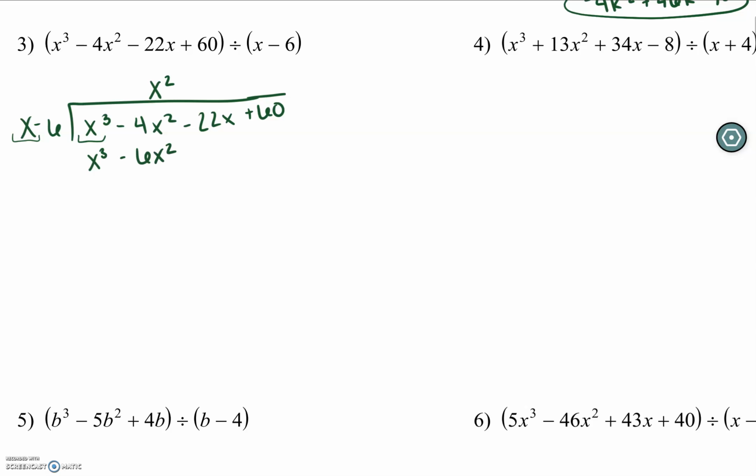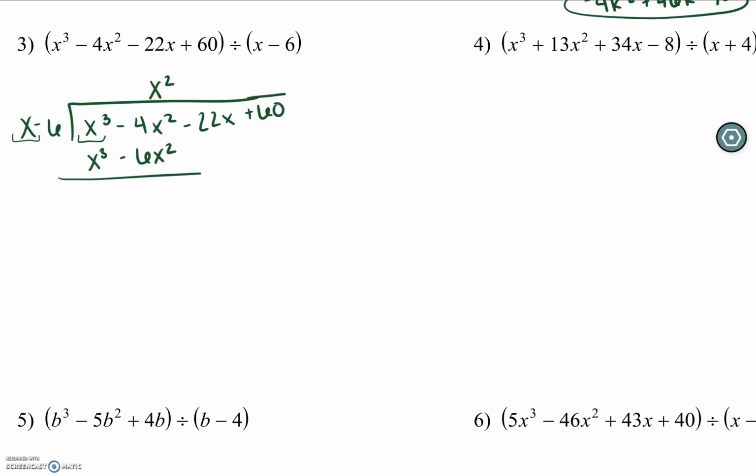And you can see that when we stack it up correctly, cubes are with cubes, squares are with squares, x's will be with x's, and constants will be with constants. Because when you're combining numbers or polynomials through addition and subtraction, they have to be like terms in order to actually add and subtract them. So it works out perfectly.